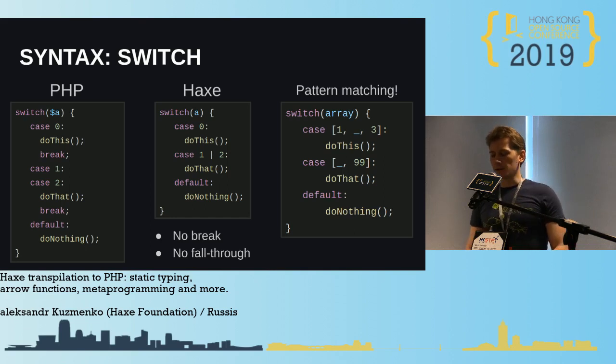The underscore symbol here indicates that you don't care what the value is at the specific index in the array. For example, the first case will be executed only if the array consists of 3 elements, and the element at index 0 is 1, and at index 2 is 3.